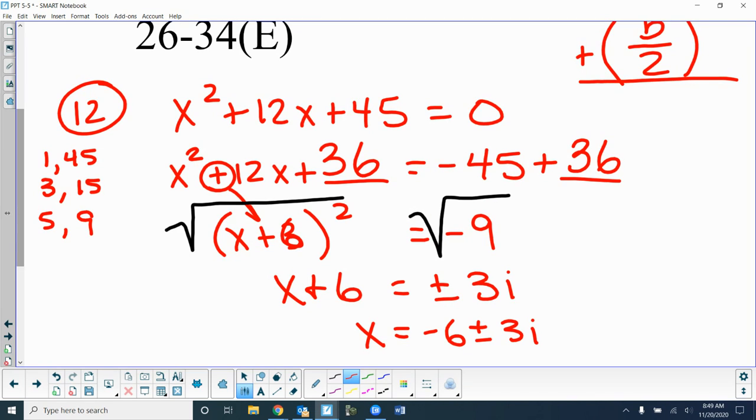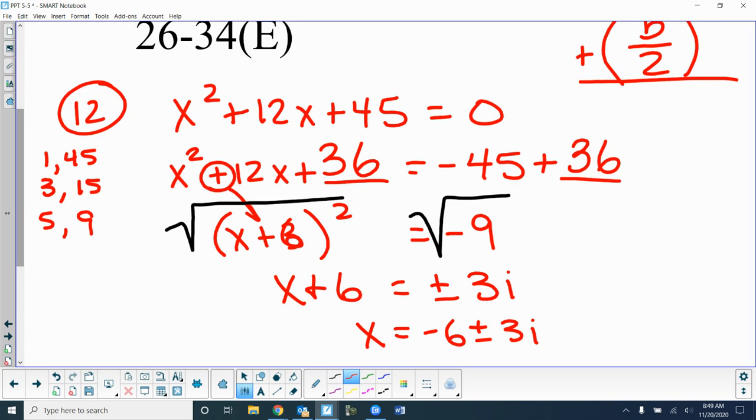Number 30, I got x equals negative 2 plus or minus 2i. That's correct. And the last two: 32 is negative i, and 34 is 1 plus 2.5i. They had it in the wrong order, so put it in the right order first.